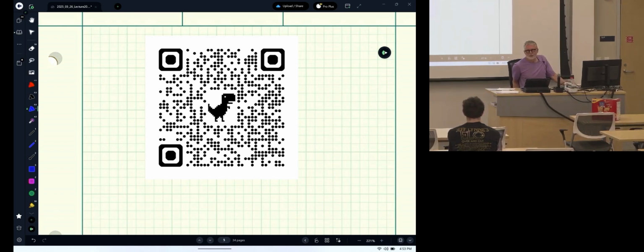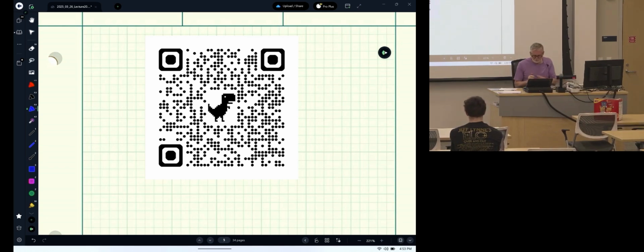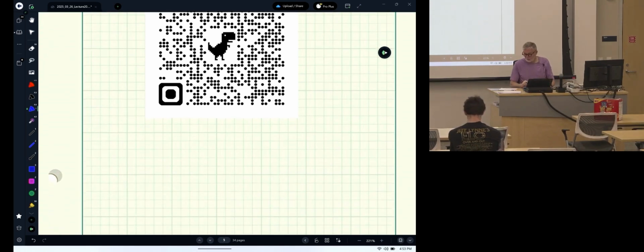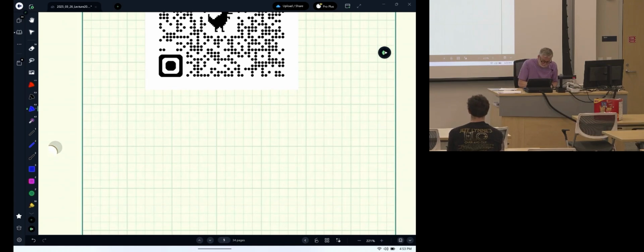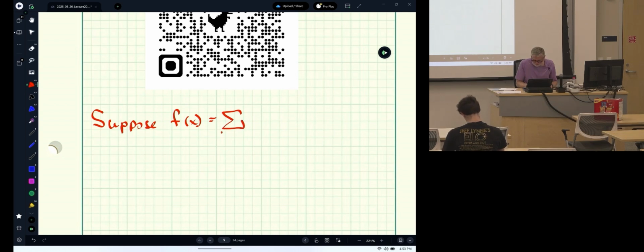Okay, everybody got it? Okay, so now we're going to do something really mind-boggling. Suppose f of x has a Taylor expansion about the origin, a Taylor series, okay?